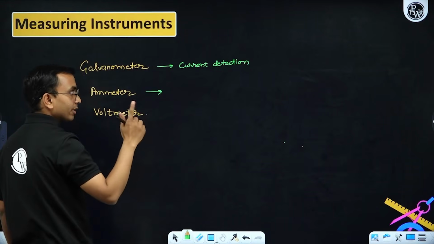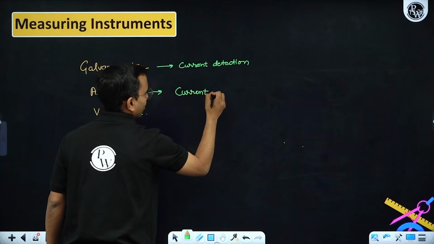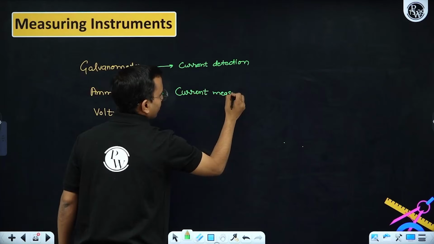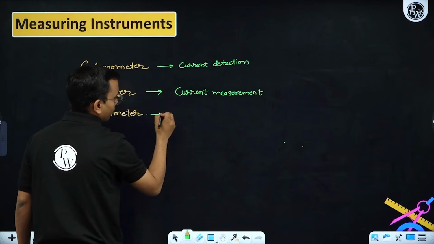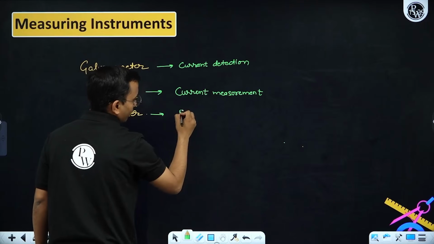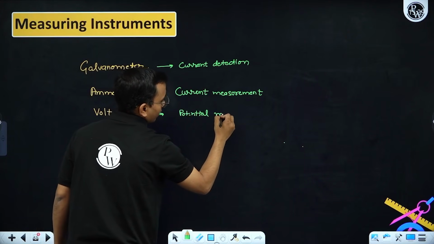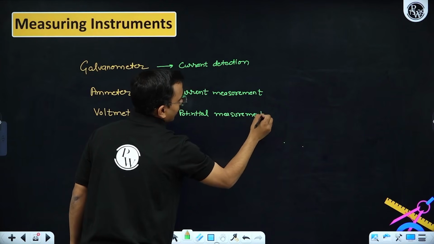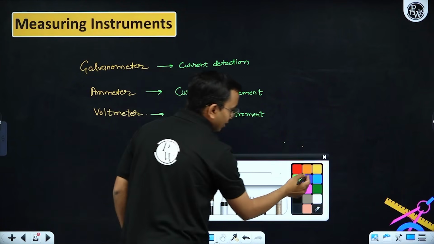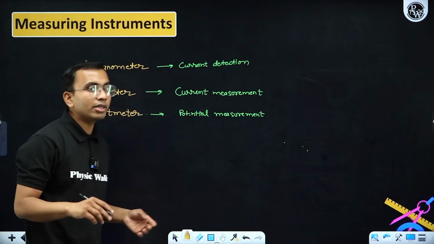Ammeter is used for current measurement, and voltmeter is used for measuring the potential. Now when we are measuring the current, we need to connect an ammeter in series, galvanometer in series.